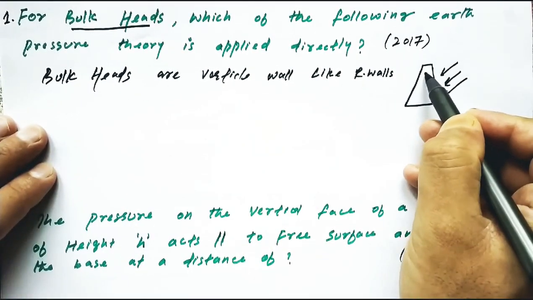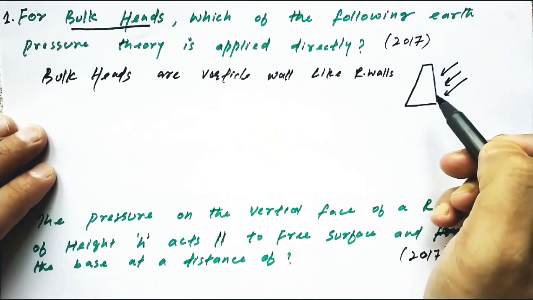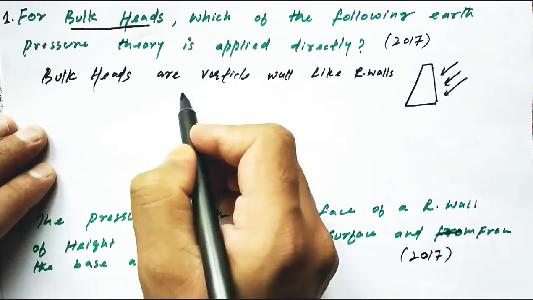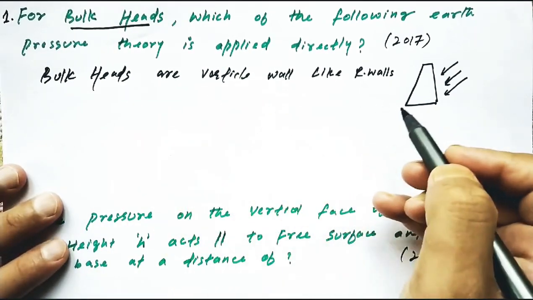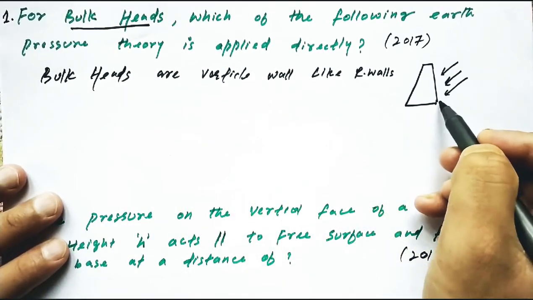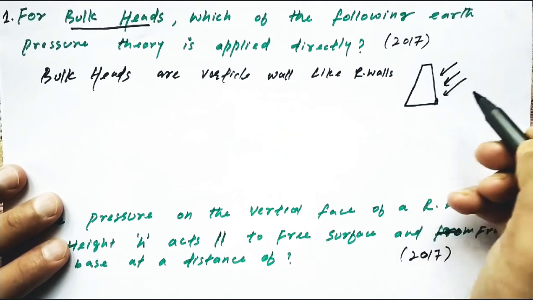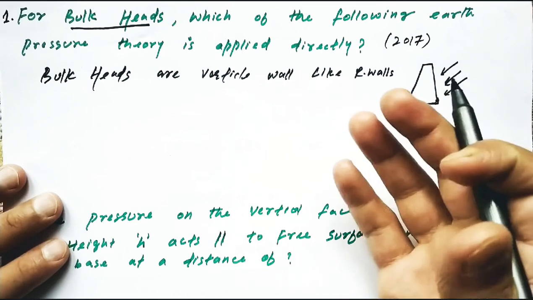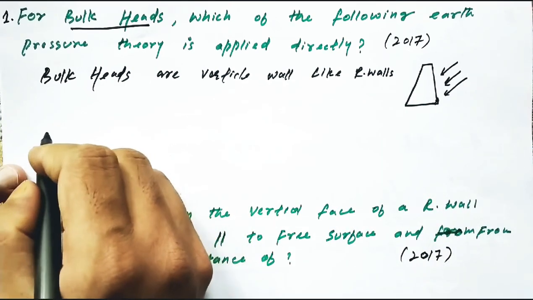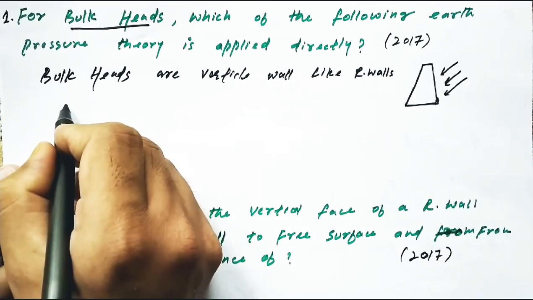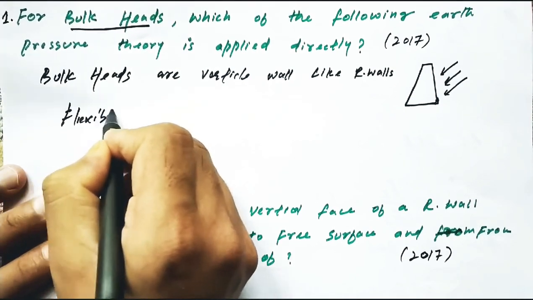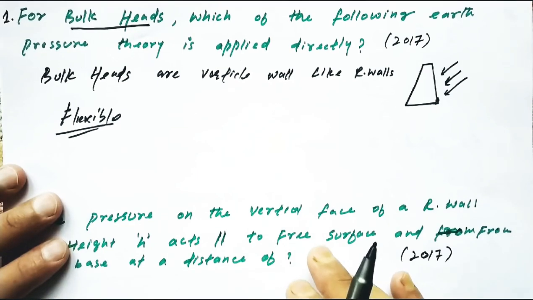Retaining walls may be made up of stones, may be made up of RCC, but bulkheads are like retaining walls. They can be used as slope protection material, to protect the slope, but they are flexible.